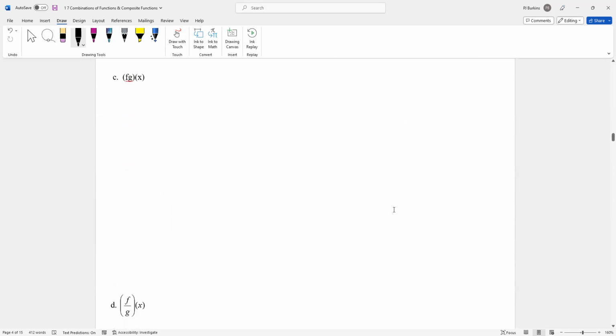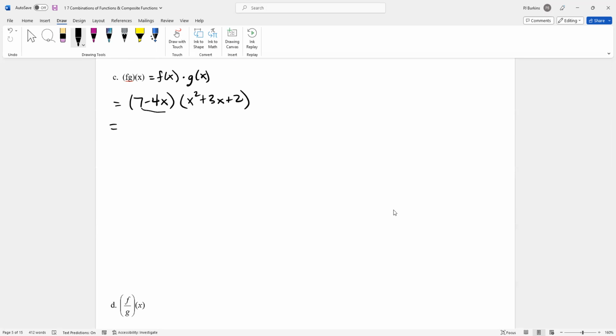What about multiplication? So let's do f times g of x. So this really means f of x times g of x. So plugging in, f of x was 7 minus 4x. G of x was x squared plus 3x plus 2.